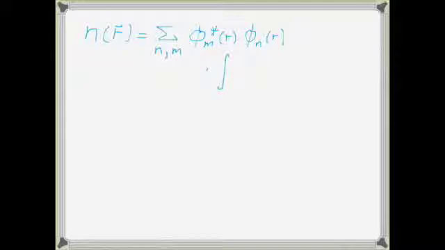The right injected charge has the same form, and so you add the two things together, and you get that n of r is equal to the sum over n, m of phi_m star of r phi_n of r times integral dE over 2 pi of what we call this electron correlation function G^n_{n,m} of E.